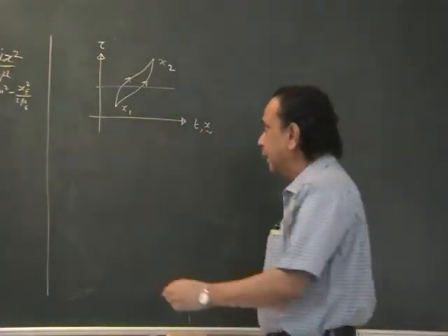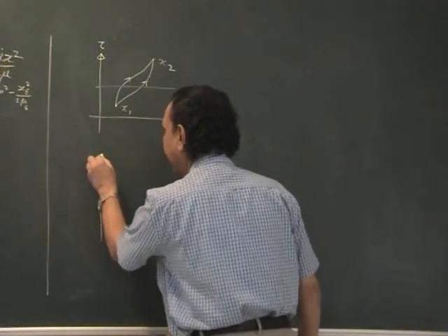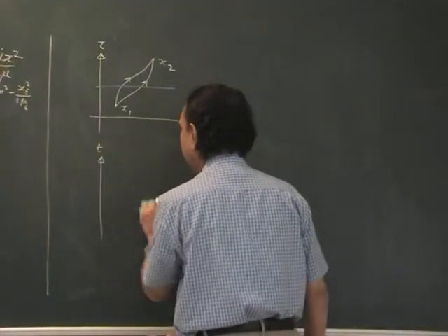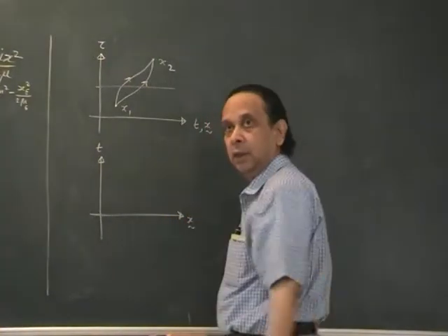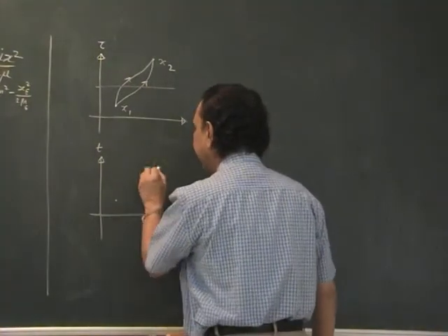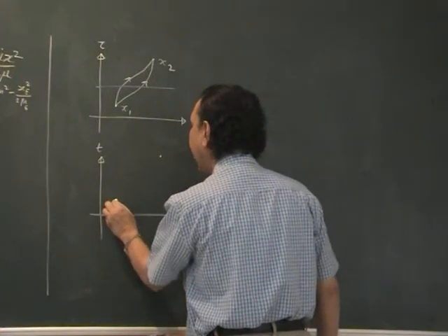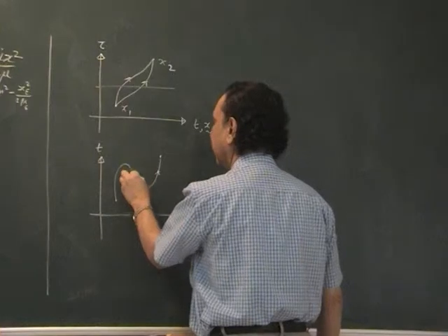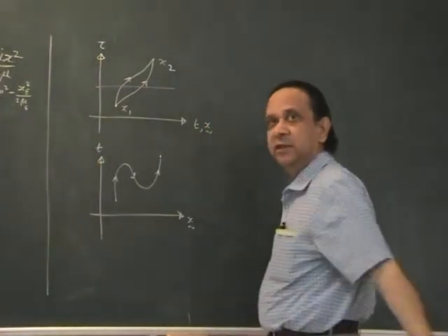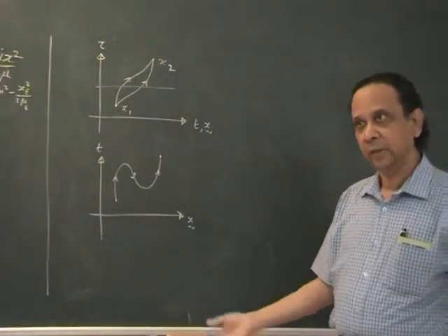Then I said, if you look at the same thing in space-time, where this is ordinary time and this is ordinary space, the two events are here. You can have paths which go like this, because now this time is just like a spatial coordinate, there is nothing sacred about it.